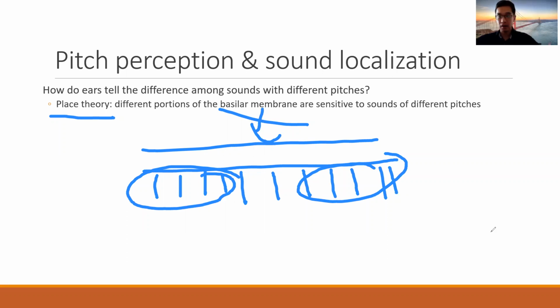So when a sound with a certain pitch comes in, only a part of the hair cells are activated, and they send the signal to the nervous system. Next time a sound with another pitch comes into the ear, only another part of the hair cells are activated. They send the signal to the neural system. That's how we can tell different pitches.